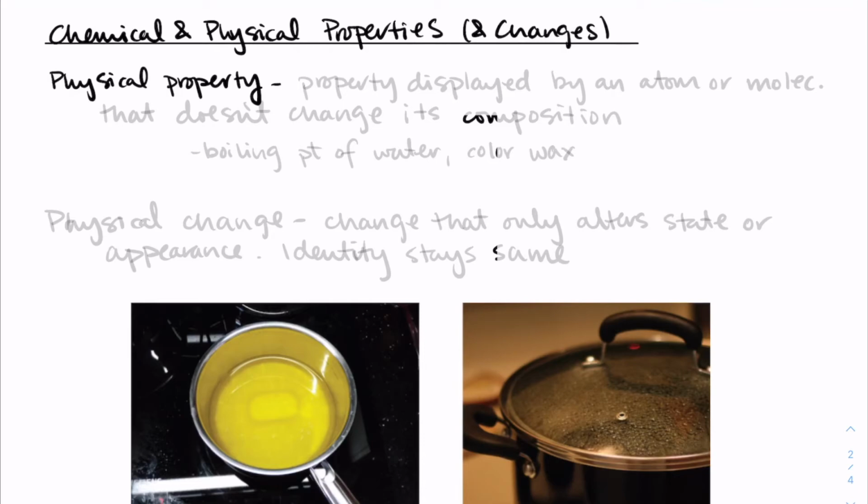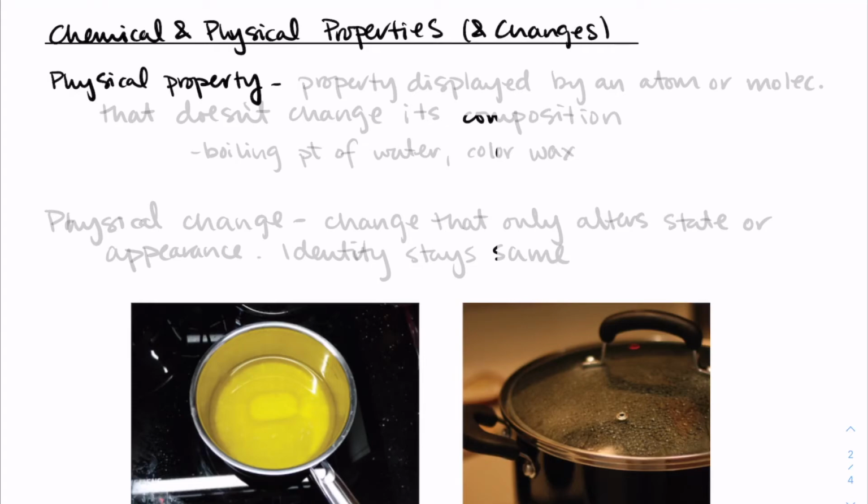Now, the property versus change can sometimes be so interrelated that it's hard to tell if you're describing a property or a change. However, physical and chemical will always be very discernible.